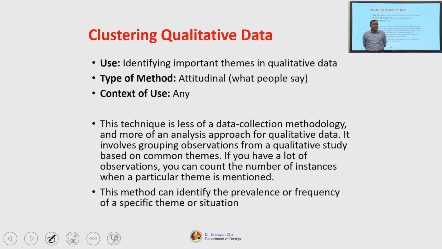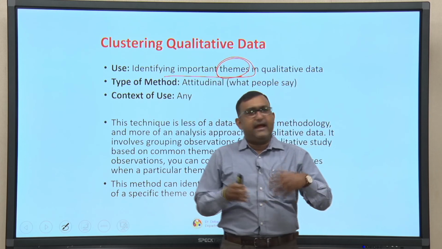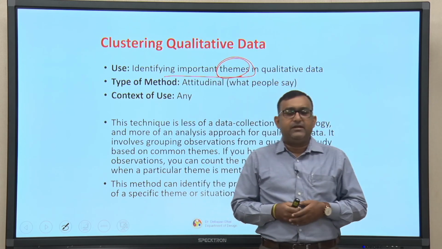The use of these techniques is to identify important themes. We are focusing on themes. In qualitative data, the type of method is attitudinal in nature, what people say, and the context of use can be any.